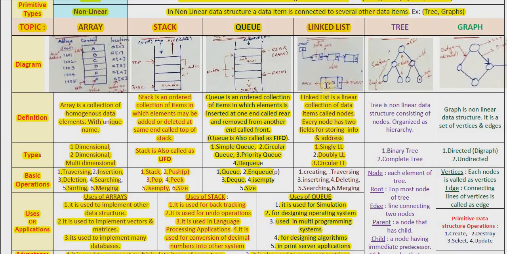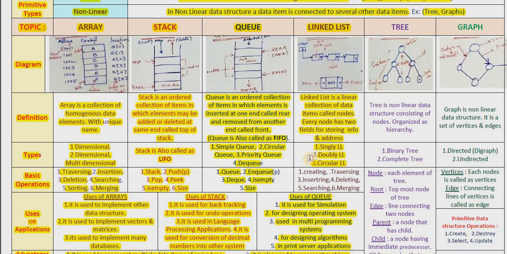The first part is called back, the center part is called info, and the last right side part is called forward. The center part is used to store the actual information, the back or left side part is used to store the memory address of the previous node, and the forward or right side part is used to store the address of the next node, hence it is called doubly linked list.